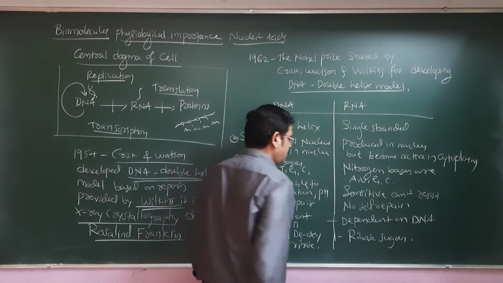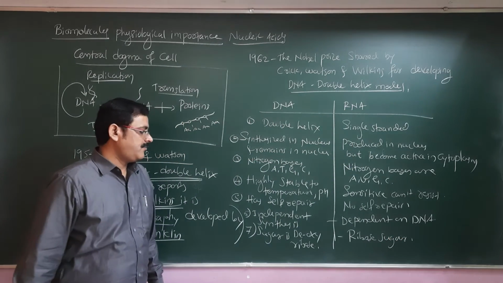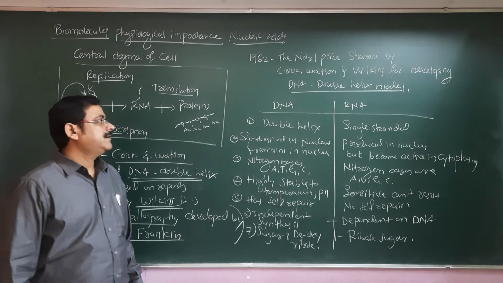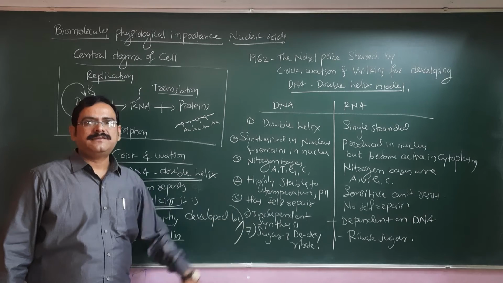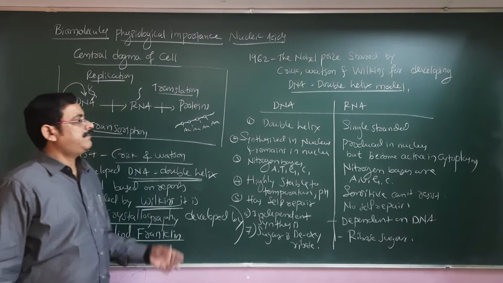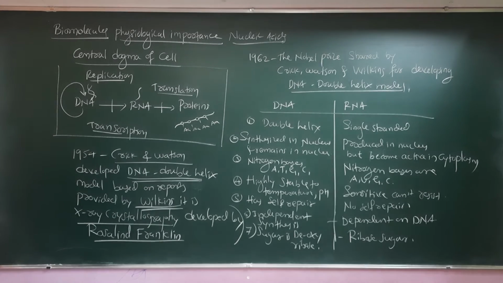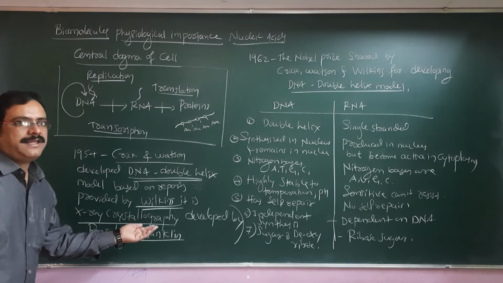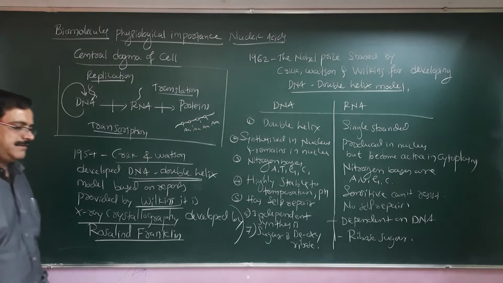So these are a few important and basic differences we can find between DNA and RNA. Fine. So that is about the differences we have studied. I hope you got clarity about this, mainly when you talk about the central dogma of the cell as well as DNA and RNA differences.